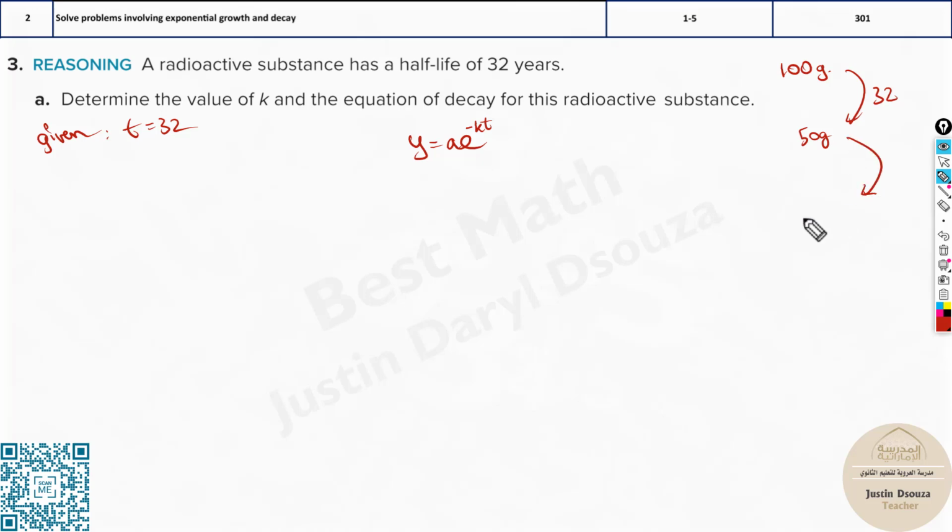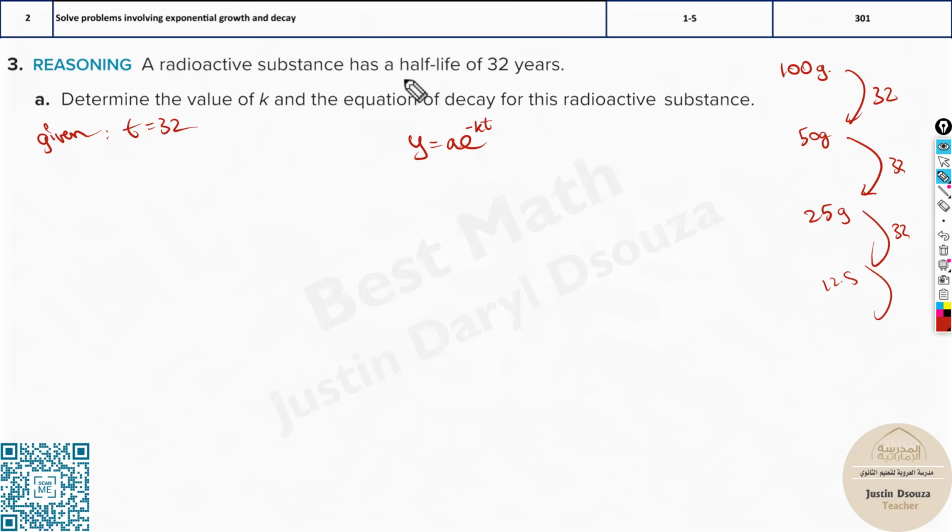Then again after 32 years, it'll come to 25 grams. Then after 32, it'll come to 12.5 and so on. And there'll always be a small, minute trace of that element. So that's about half-life. Here it's always in 32 that it becomes half. So that's the time t.